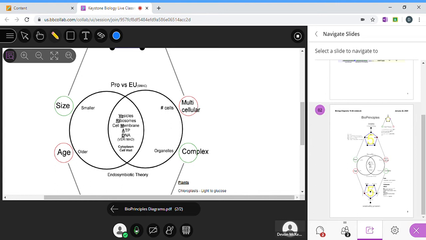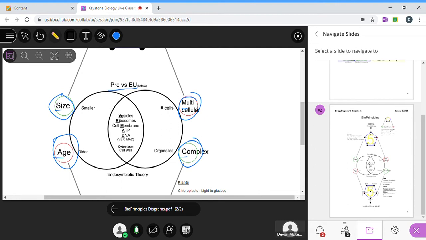And I have 4 circles sitting outside of the Venn diagram. The first circle says size, and over here is multicellular, and over here is age, and over here is complexity. If you were to take the first letter of all of these, you would find SMAC, S-M-A-C.